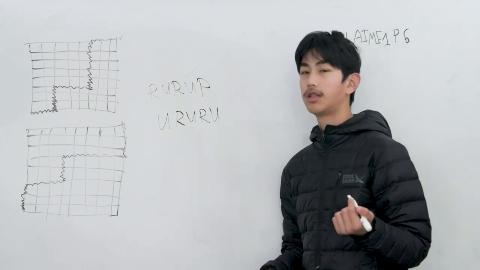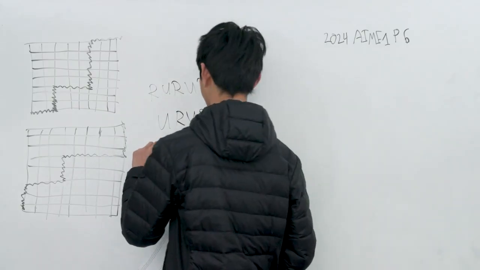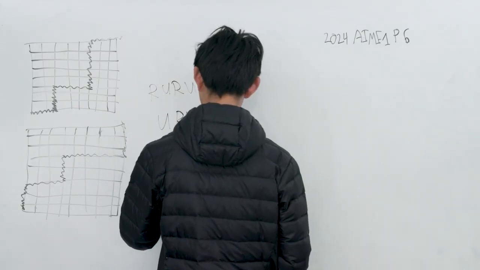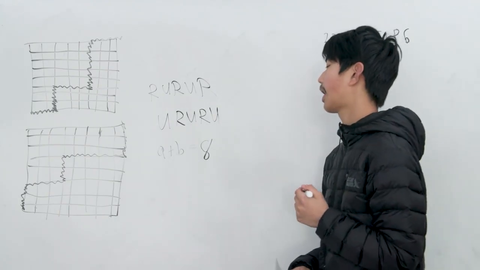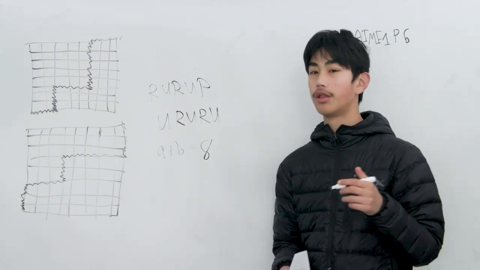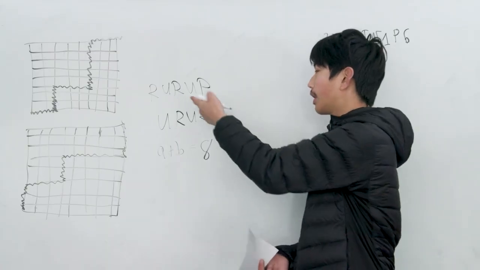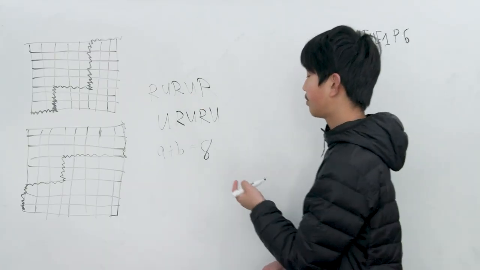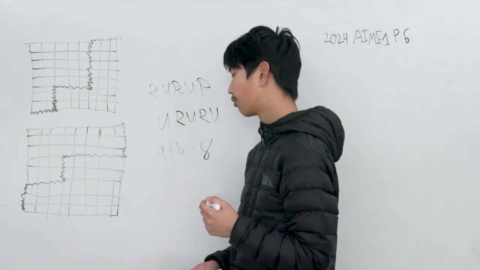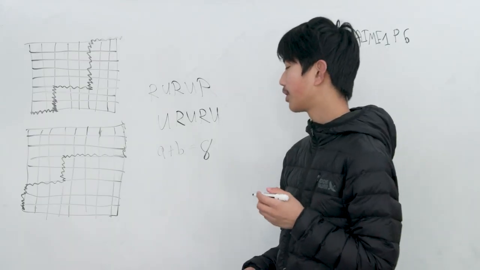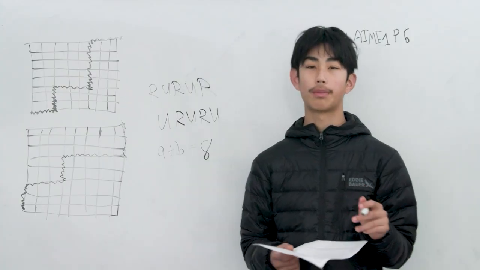So we can just sum A and B. We know this has to equal 8 because the added length of the 2 instances of it going up has to add up to the total height of the 8x8 grid, because we want the path to go from one corner to the other corner.